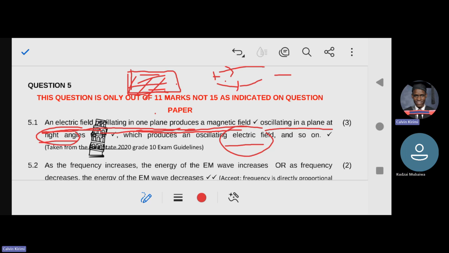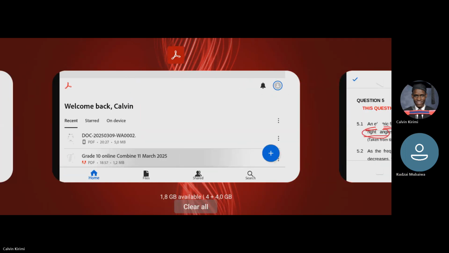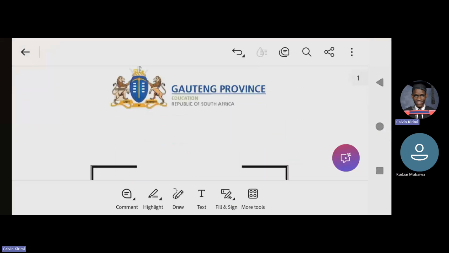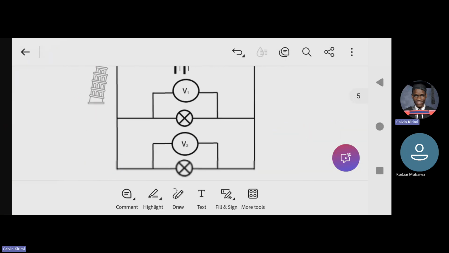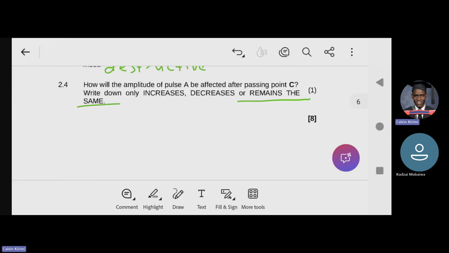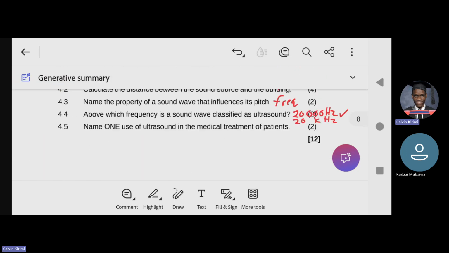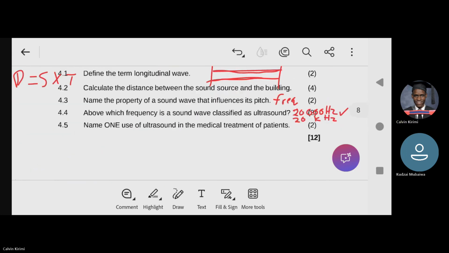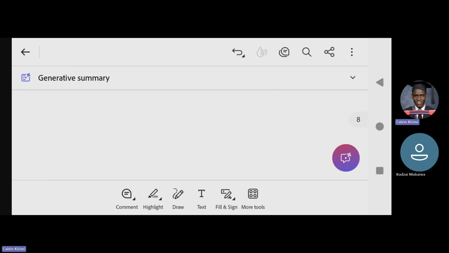I gave you the solutions. Did I give you the answer? Yes, sir. Revise it again. Those are the key marking points. Check, check, check. For definitions, you just have to remember the key points of how it propagates: one plane, an electric field oscillating in one plane, and right angles, 90 degrees.